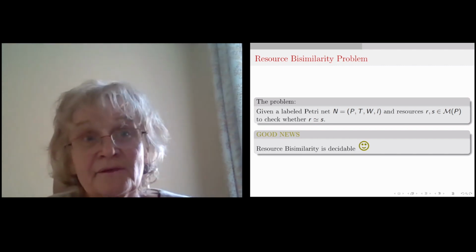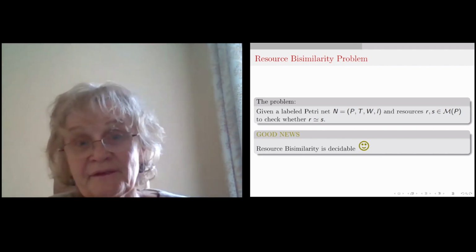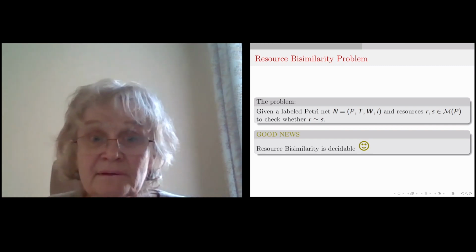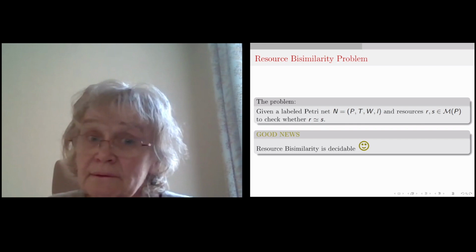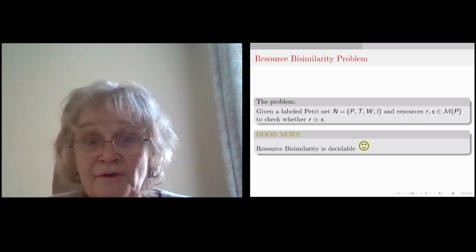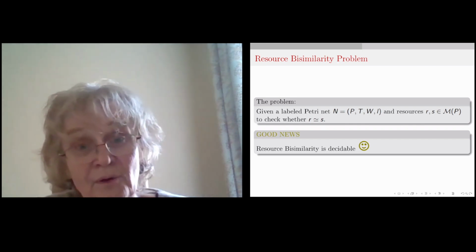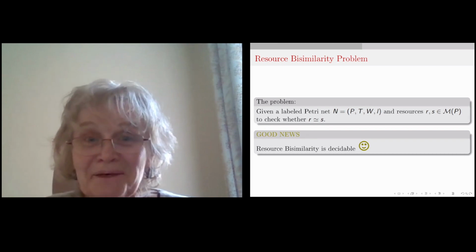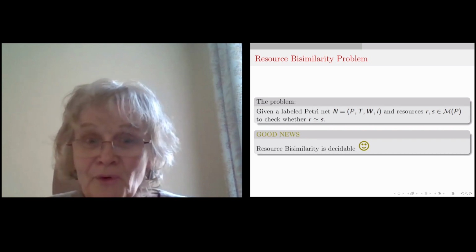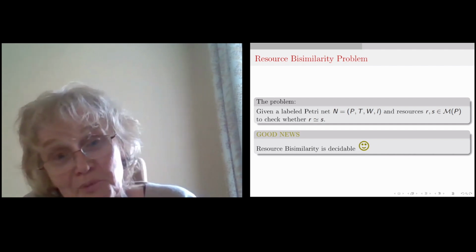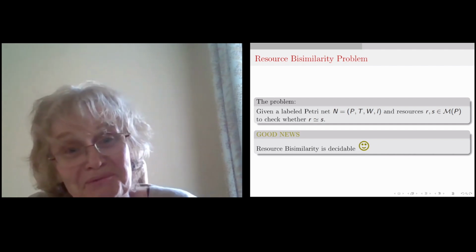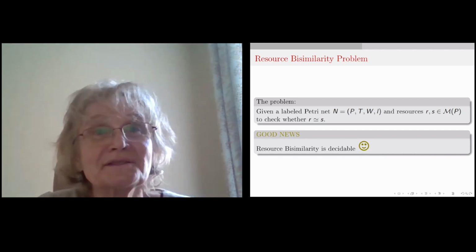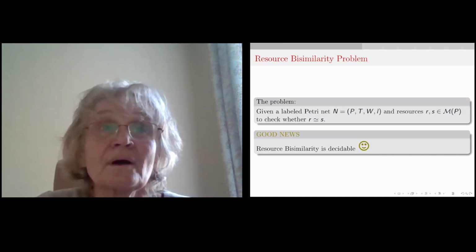But the good news is that resource bisimilarity is decidable. That's a recent result, and it's really interesting. So we could say that, well, it is a congruence, but resource similarity is also a congruence, and it is undecidable. So we found this border between decidability and undecidability in this sense.